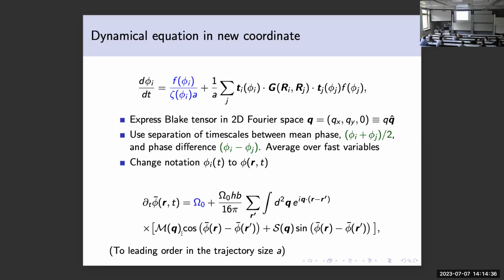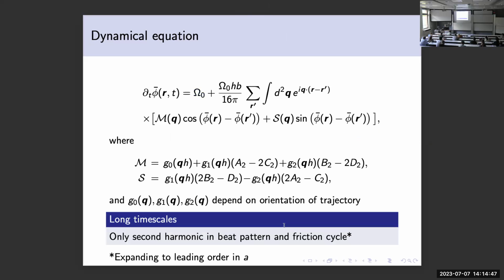And what we can see here is that you can put all the geometric information into this prefactor M and this prefactor S. They're really horrible, messy expressions. But if you look at them, what we actually find is that these coefficients, these G0s, G1s, G2s, contain just the direction that each cilium is facing.